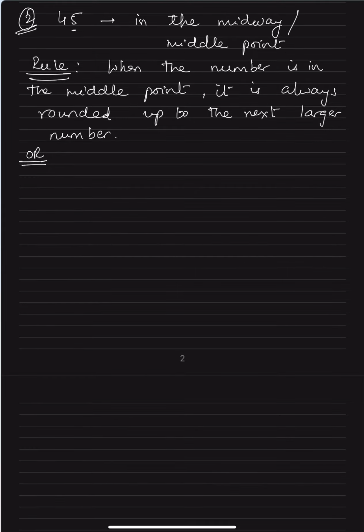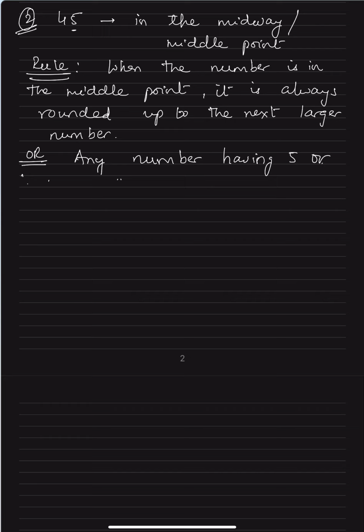We can say that any number having 5 in the ones place, okay, you can also say 5 or more. Let us say 5 or more, not only 5.